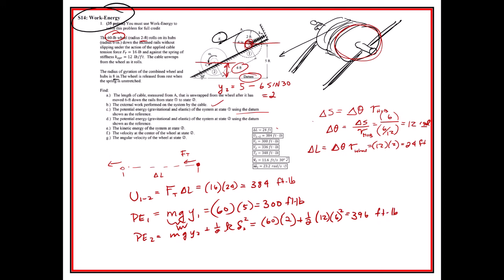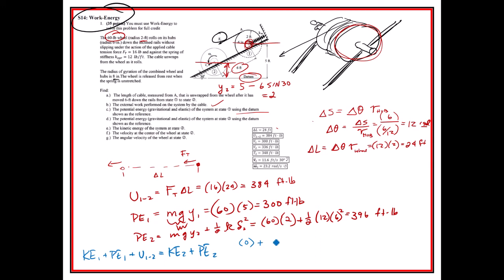And then we can figure out what the kinetic energy is going to be, because we're going to write out our main equation. We write out that KE1 plus PE1 plus U1 to 2 is equal to KE2 plus PE2. So the kinetic energy at 1 is going to be 0. You should probably have written that at the very top.